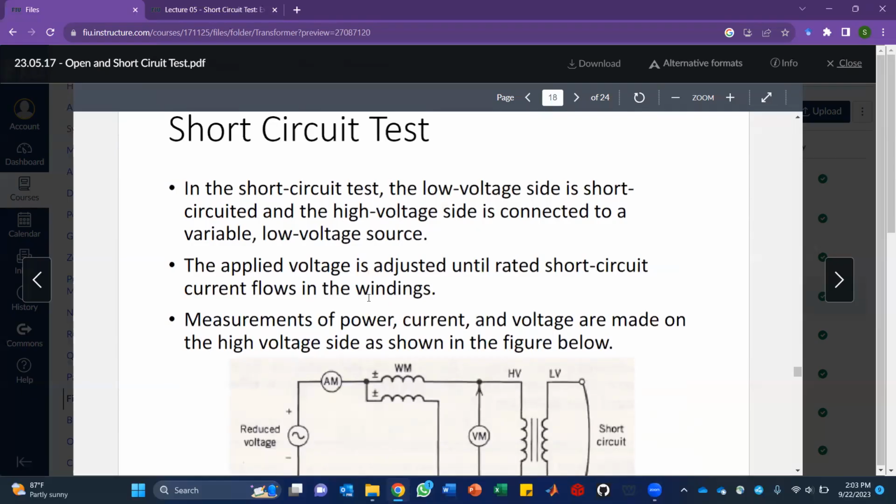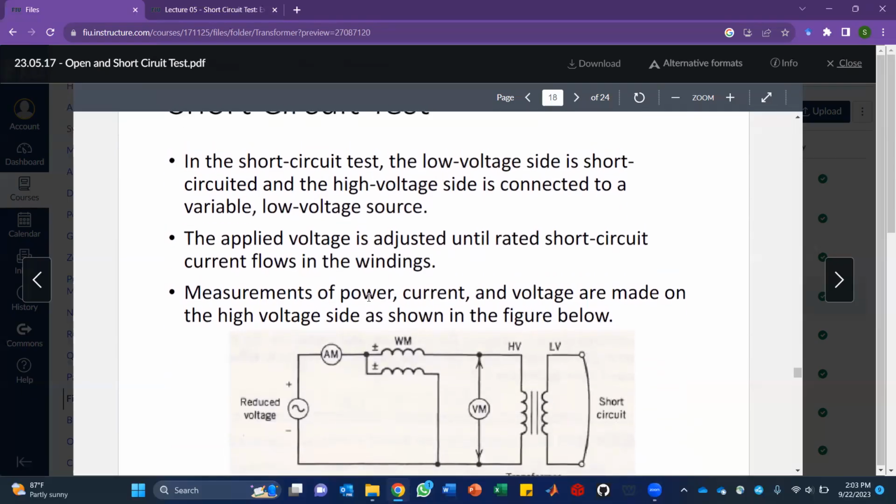We're gonna short one of the sides, normally the low voltage side, so that the amount of current passing through the short circuit is very low. We normally supply to the high voltage side and measure the supply voltage, supply current, and also the power that goes into the transformer, and we short the other side, the low voltage side.